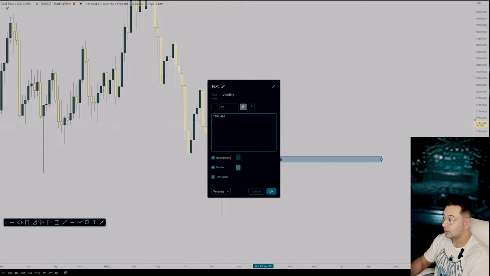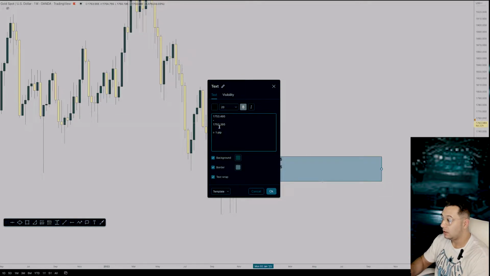So if gold moves from 1753.495 down to 1753.395, okay, that's one pip. That's one tick equals one pip, just simple math.